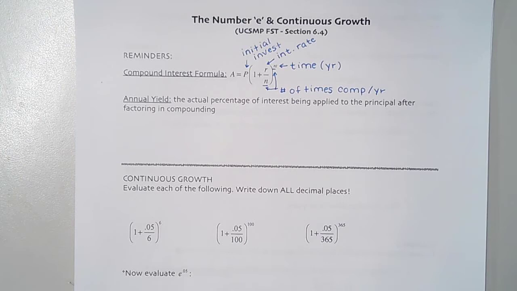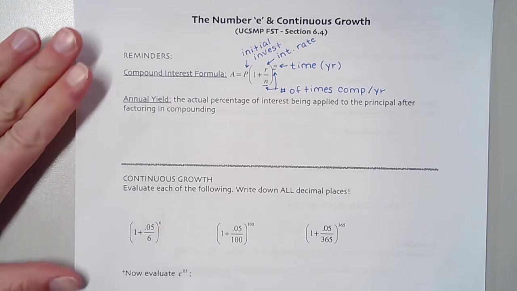But when you calculate it the second time around, you already have extra money in your account from that first 2.5% that you got at the halfway point. So the total amount of interest you're earning is actually going to be a little bit larger than 5%. You're actually going to earn a little bit more because you're kind of double dipping. You're earning money on top of the interest that you already earned.